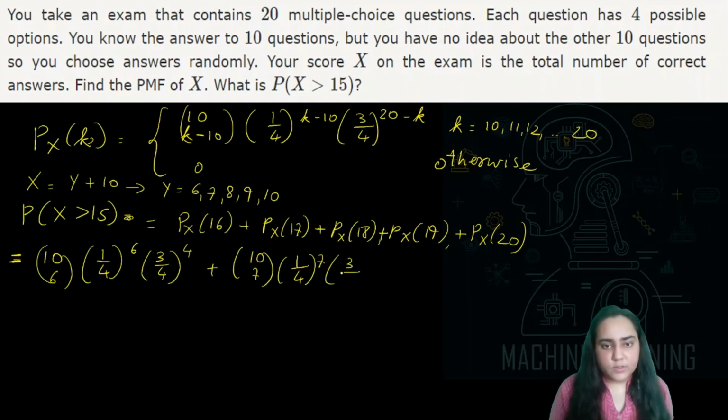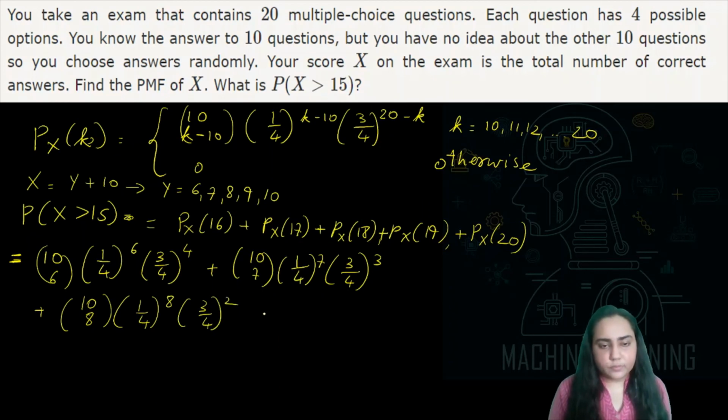And the third one is 3 by 4 raised to 20 minus 17, which is 3. And then the third term is going to be 10 choose, and the value of k is 18. So 18 minus 10 is 8, and it will be 1 by 4 raised to 8. 3 by 4 raised to 2.